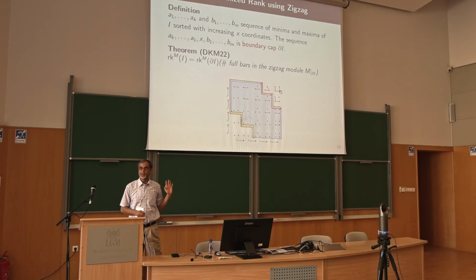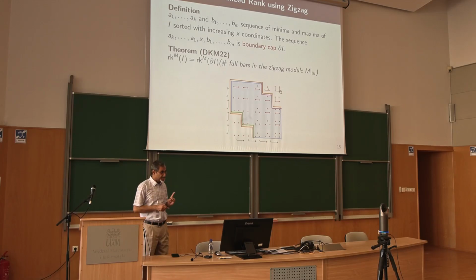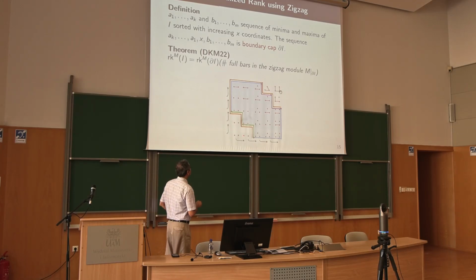It doesn't matter how you choose this path. But the result says the following. The generalized rank of this interval is given by the zigzag: if I go over this path, it becomes a zigzag path, in the sense that I go here, and then this direction is the opposite of the inclusion.